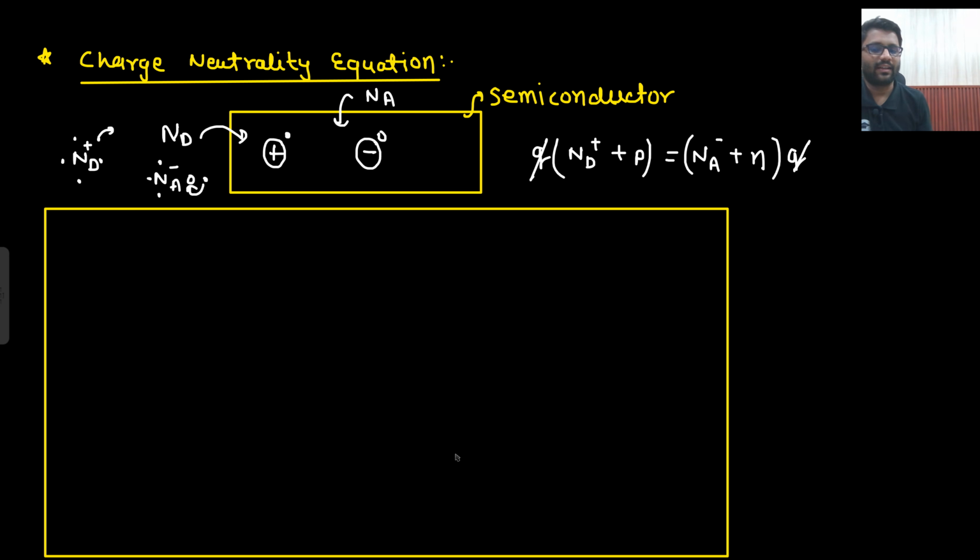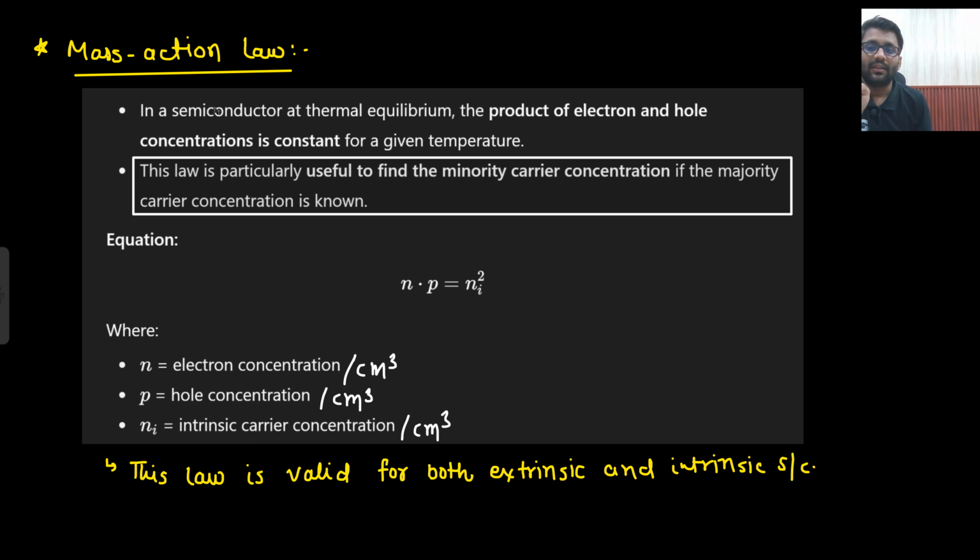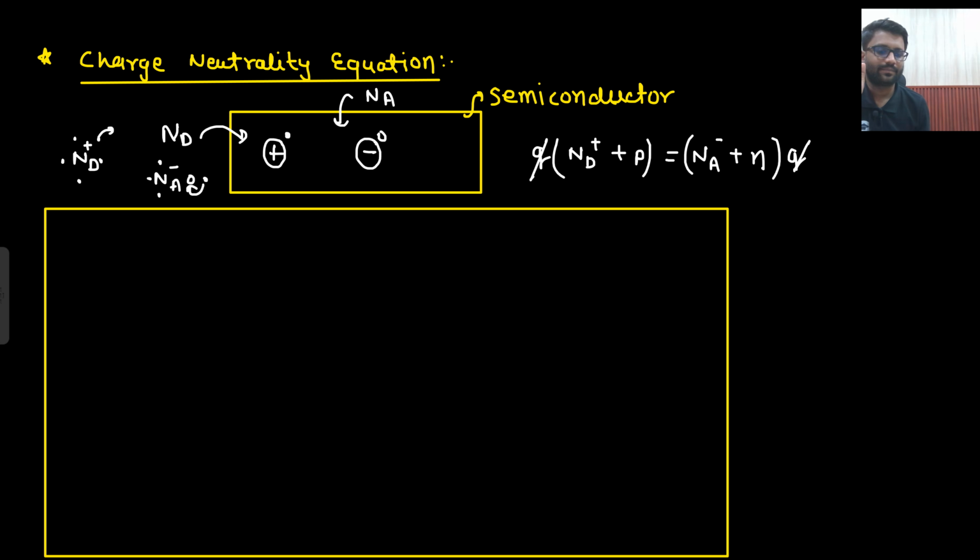So two things are there in the semiconductor. First, at thermal equilibrium, the number of electrons multiplied by the number of holes will always be constant, equal to Ni square. And second, the semiconductor will be electrically neutral, so total positive charge will be equal to total negative charge. Positive charge comes from the holes and donor atoms, and negative charge comes from the electrons and acceptor atoms.